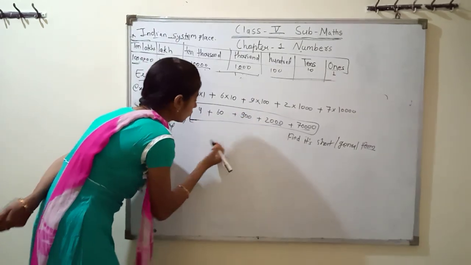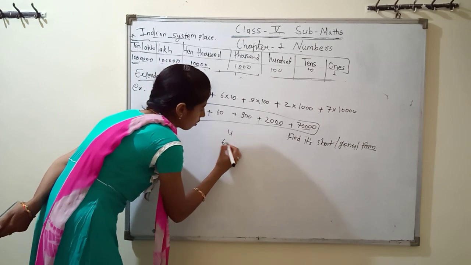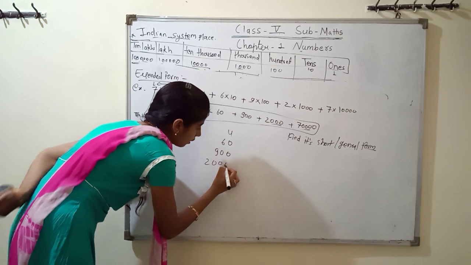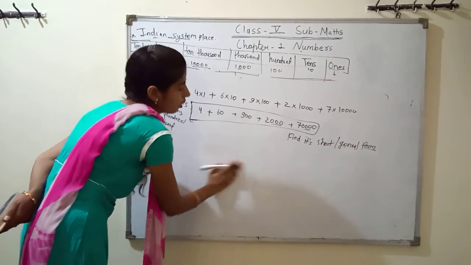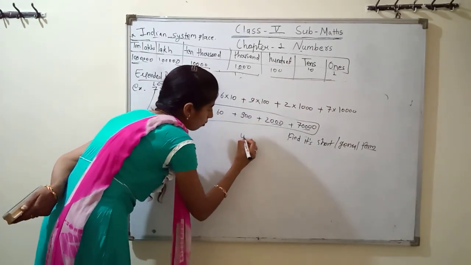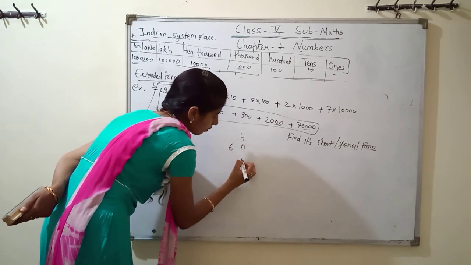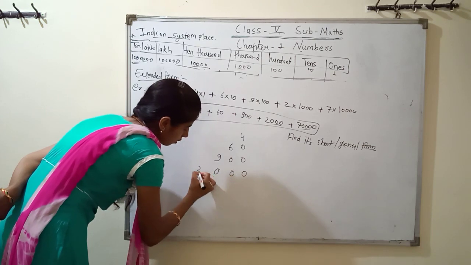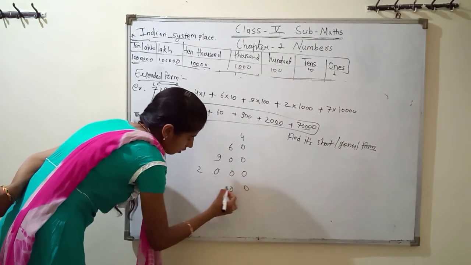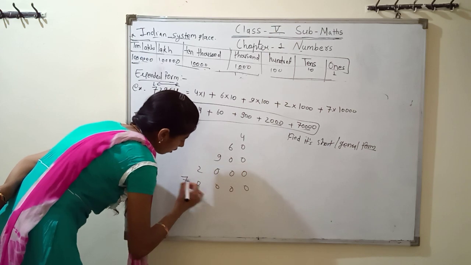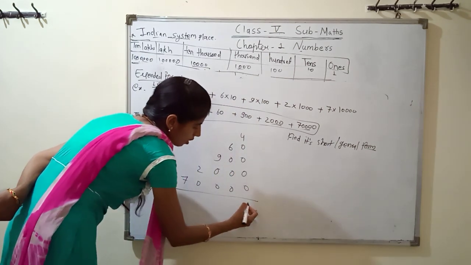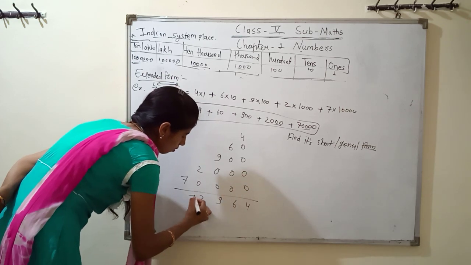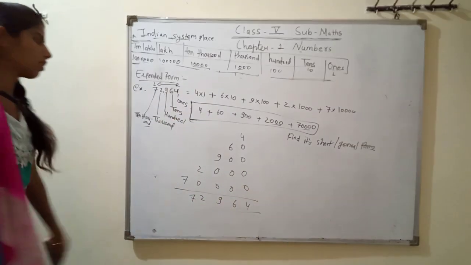You also write 4, 60, 900, 2000, next is 70,000. All are 8. 4 plus 0. All are 4, 6, 9, 2, 7. It's converted into your general form.